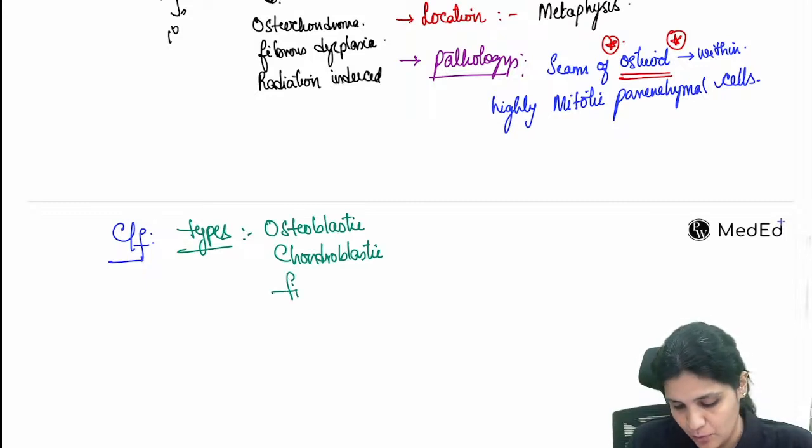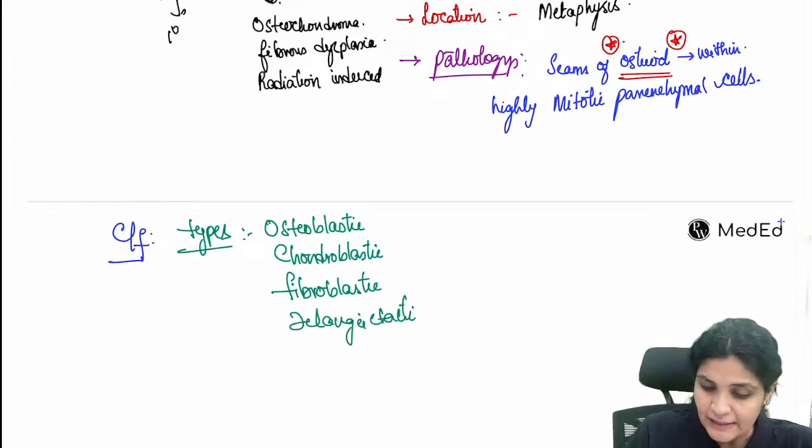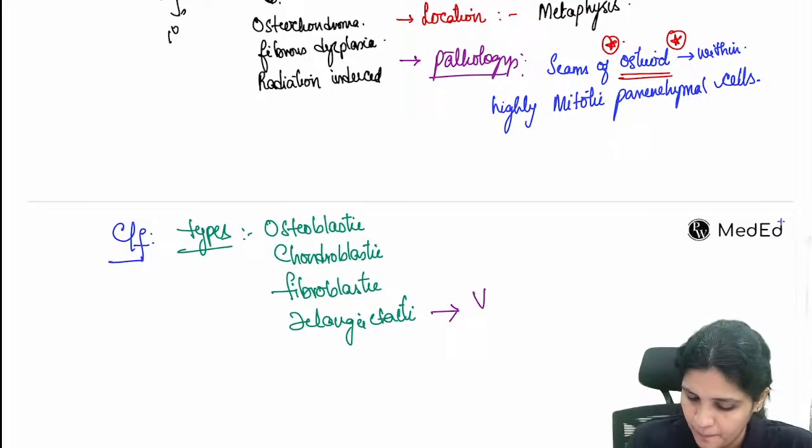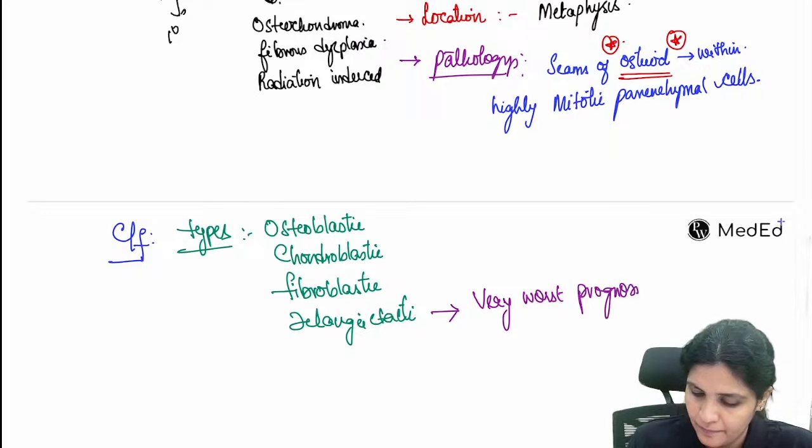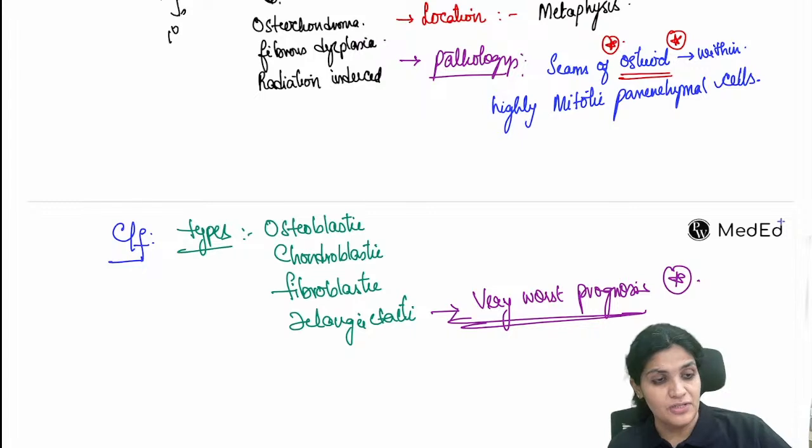Then we have fibroblastic, and then we have telangiectatic. And this telangiectatic is the worst prognosis, right? This is how you have to remember.